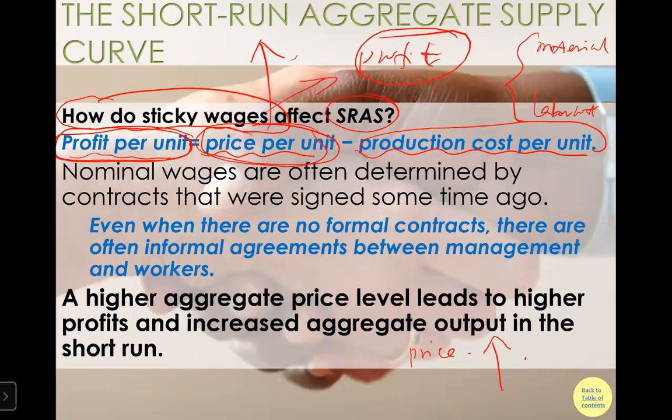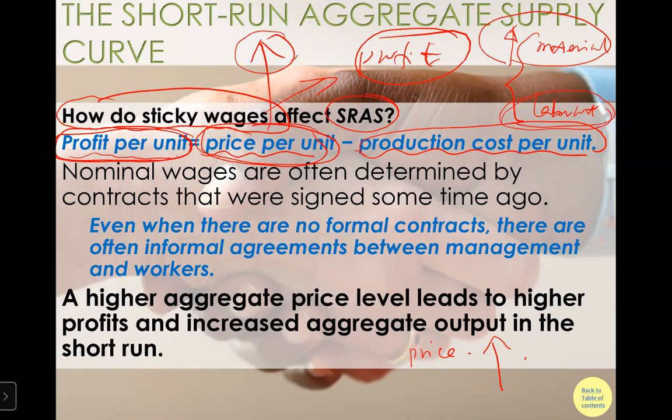But the cost of the burger will increase as well, because the material becomes more expensive. So if there's no labor cost, the increase in the cost of material may offset the increase in price per burger. You may end up with break even, right? However, a big chunk of cost comes from labor.